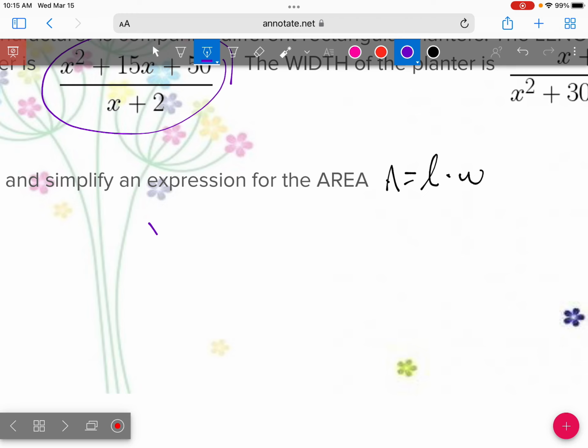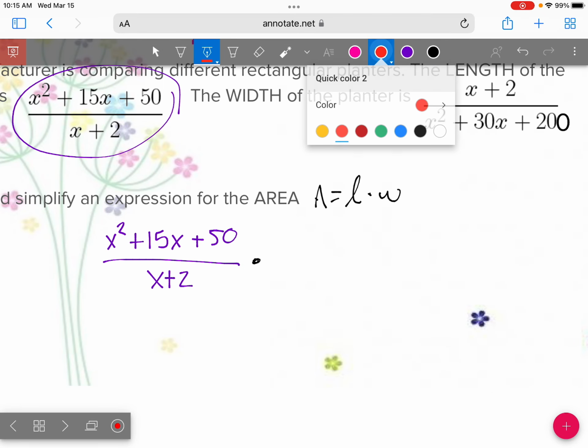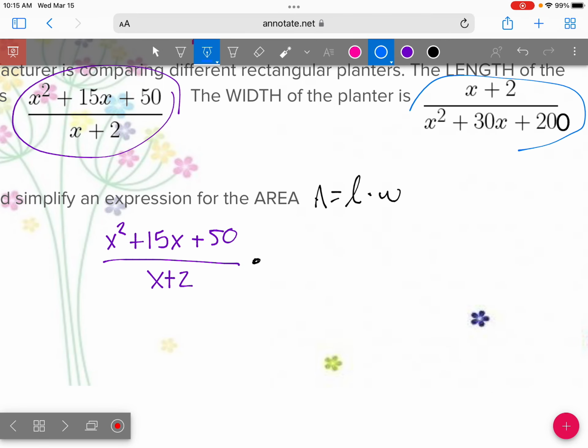Our length is x squared plus 15x plus 50 over x plus 2. And I'm going to multiply that times my width. Oh, look, they happened to tell me my width as well. You can cancel things out first. You can. I'm going to do x squared plus 30x plus 200, not 20, over x plus 2.